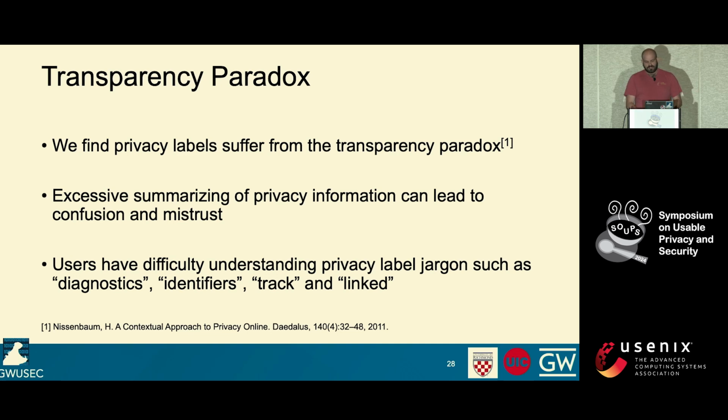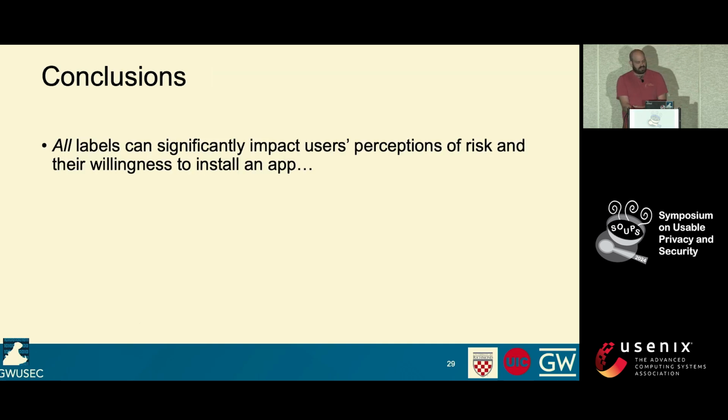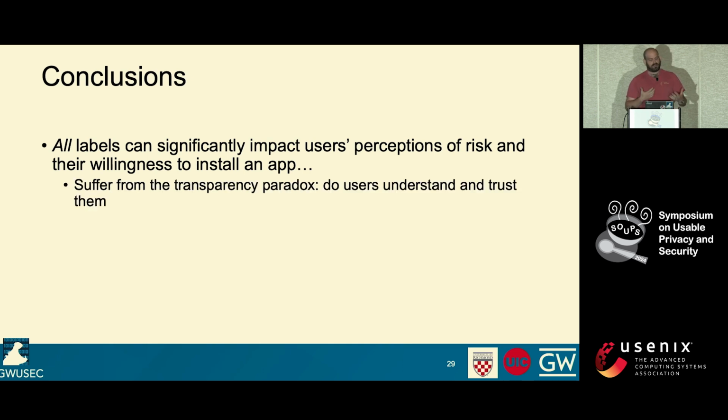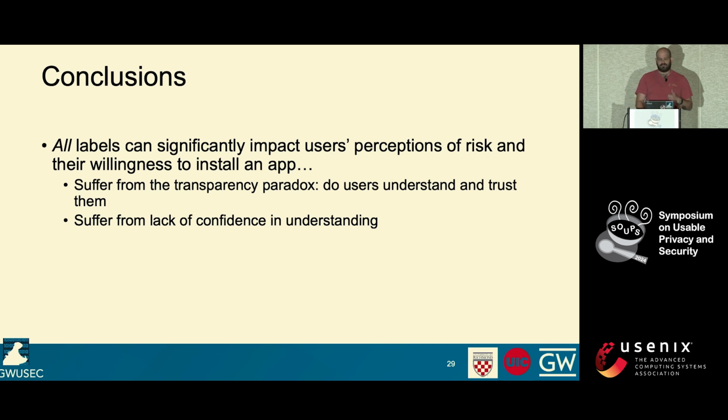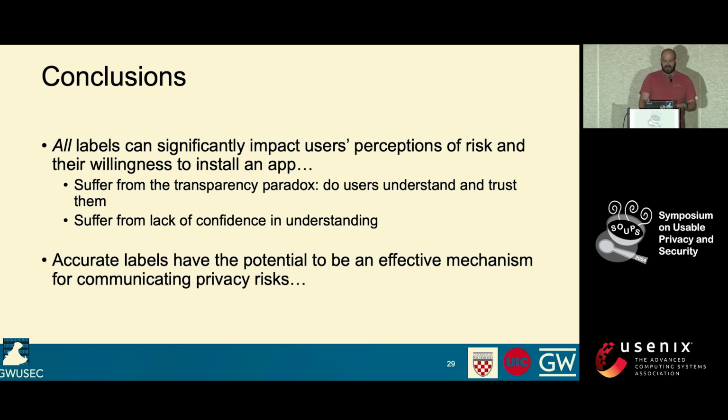So to conclude this talk, there are two main takeaways. The labeling that we do, all the labels have some sort of impact, some more than others, but they really do suffer from this transparency paradox: do users really understand them and their impact on installing apps? As a result, people suffer from a lack of confidence and understanding in using and making decisions based on these labels. As well, their accuracy remains a big question.